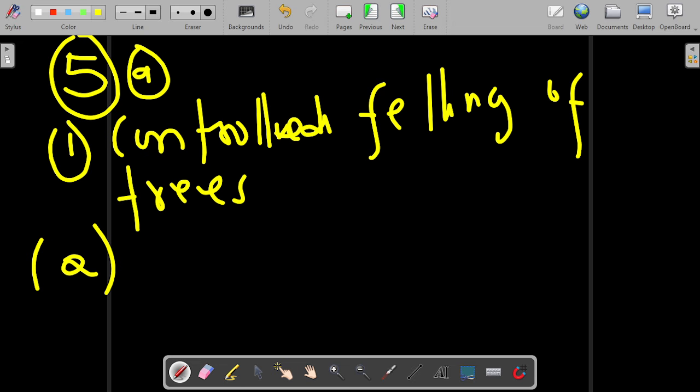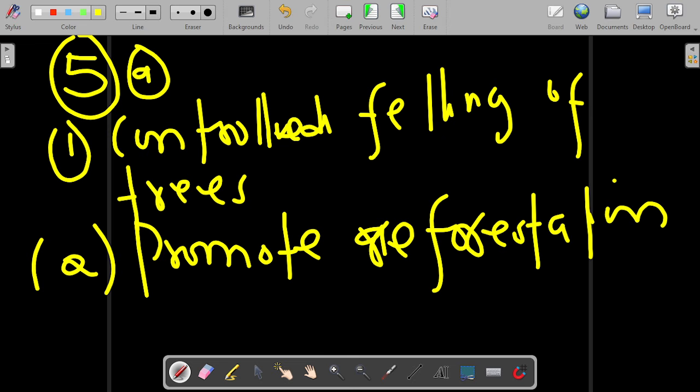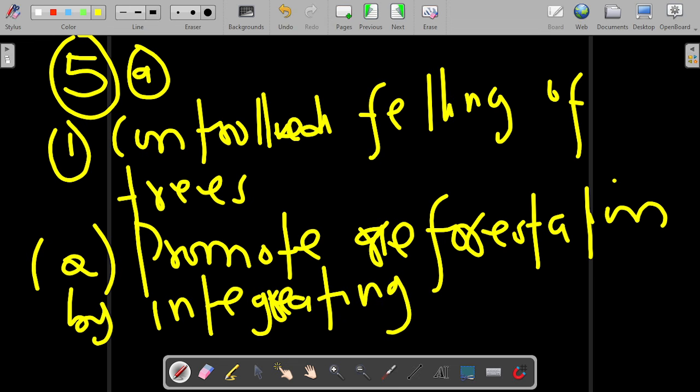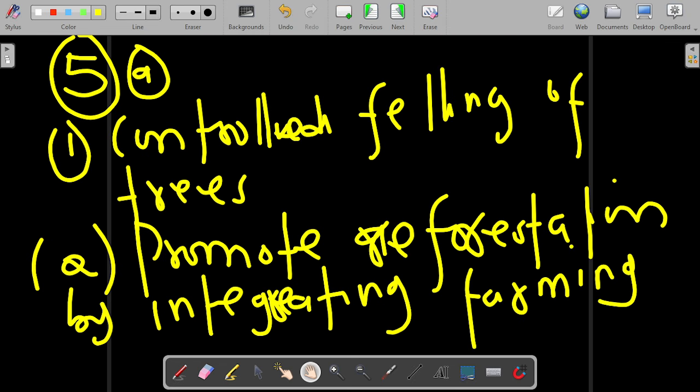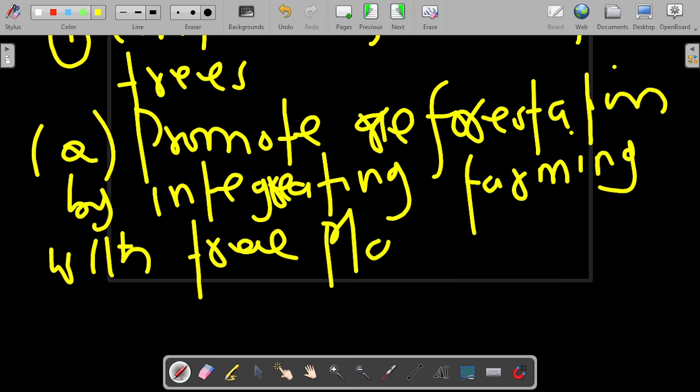And then 2, promote afforestation or reforestation by integrating farming with tree planting, so we call it afforestation or reforestation.